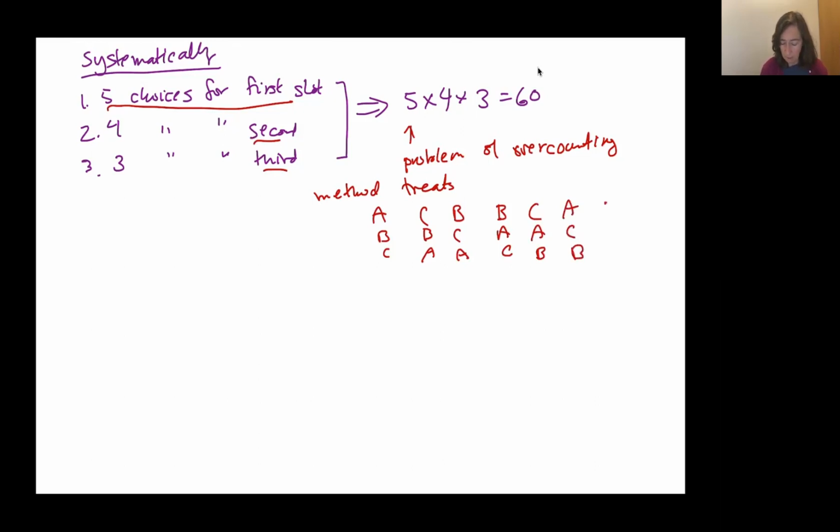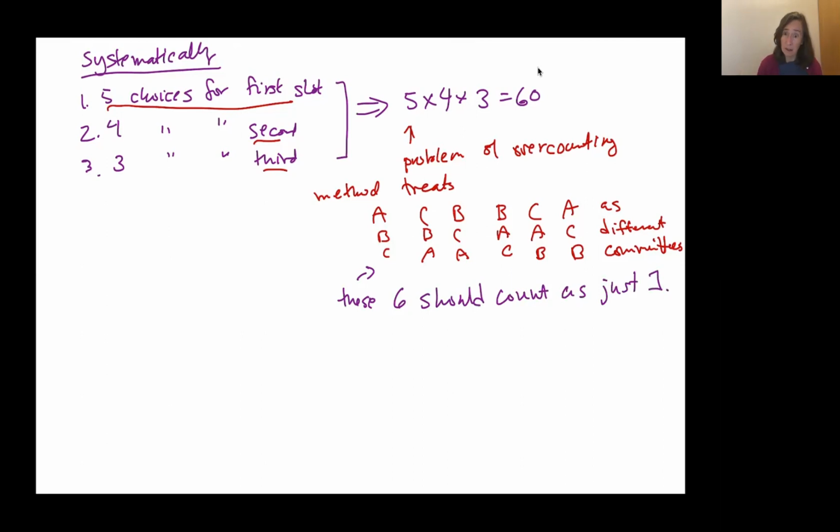Treats them as different committees. From our point of view, they're the same. Okay, this first slot, we're using it to sort of be systematic, but it doesn't really matter. In the problem, these 6 should count as just 1.